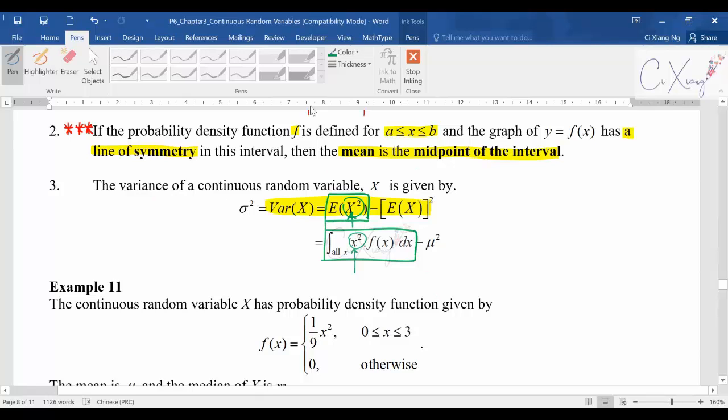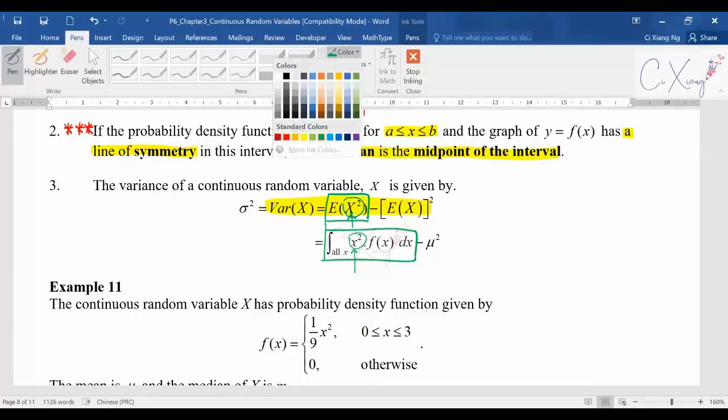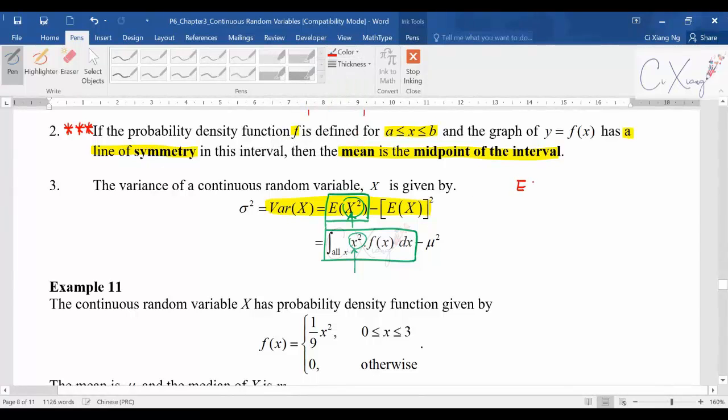In short, if I have E(X), that's the x in the bracket, so when you want to get the answer, you multiply the x with the function. If they ask you to find E(X squared), you multiply x squared with f(x), and then dx.